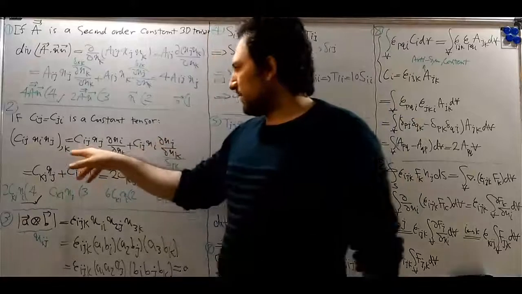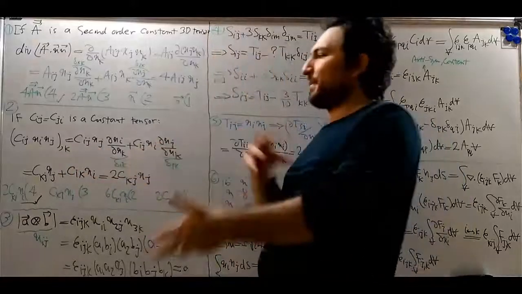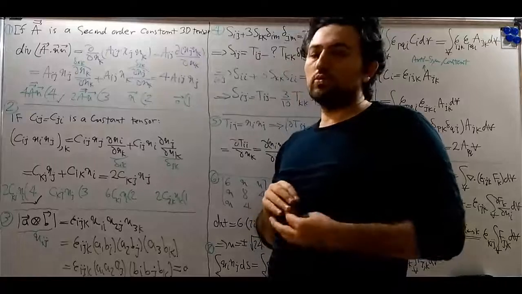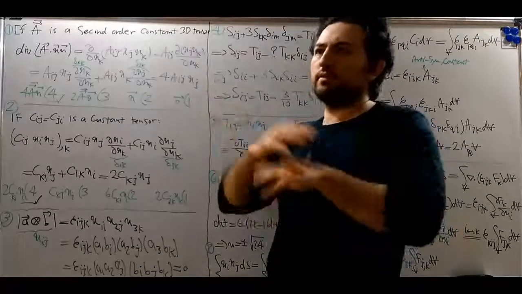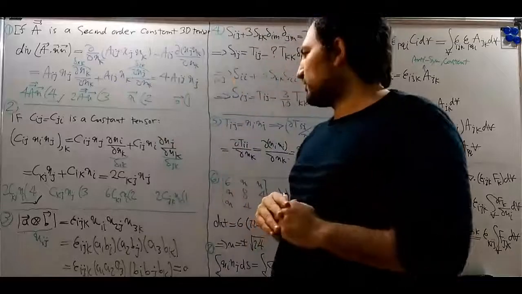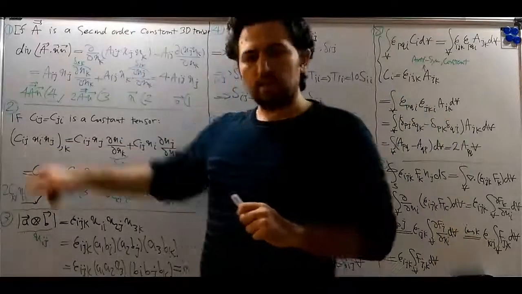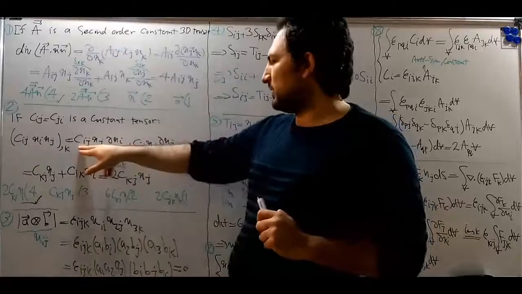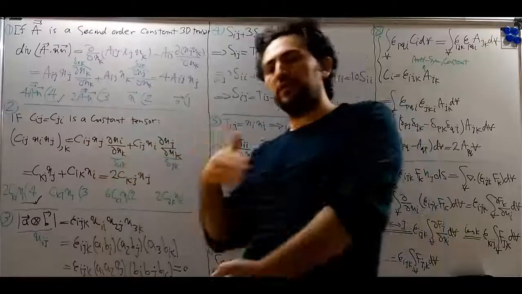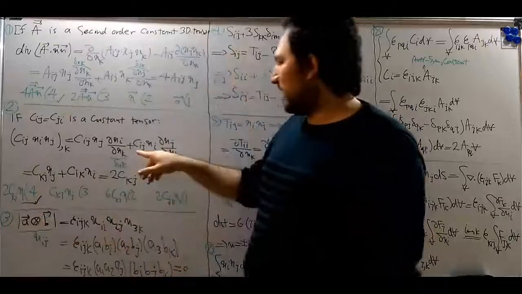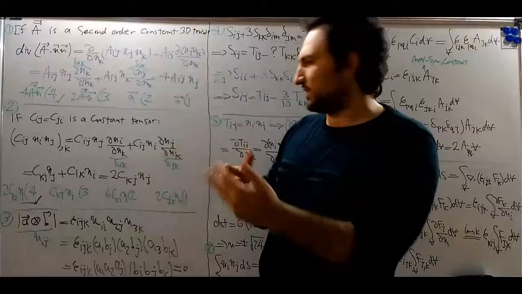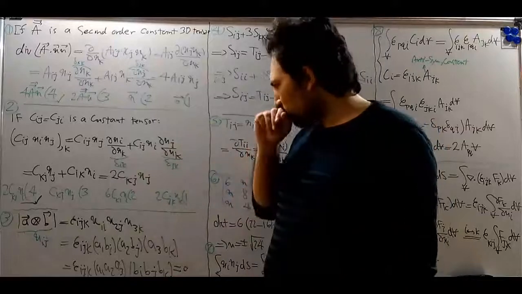Okay, so again, I can expand this derivative using the rule of derivative of the product of two functions. C sub ij is a constant tensor, so C sub ij, x_j, the partial derivative of the next one, and C sub ij, x_i, the partial derivative of the previous one, x sub j.